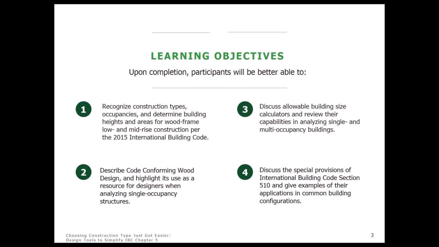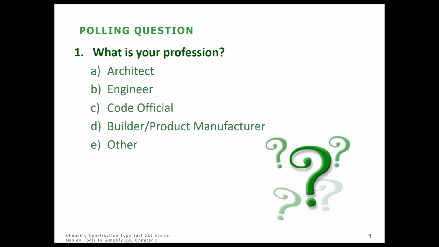The third objective, we'll go through the new calculator that is an application for your Android or your iPhone to make a quick estimate about allowable construction type. Ricky will go through that. And along the way, we're going to address some other topics in the code, including special occupancy provisions in Chapter 5, Section 510 specifically. And then also, we're going to touch on construction fire safety a little bit.